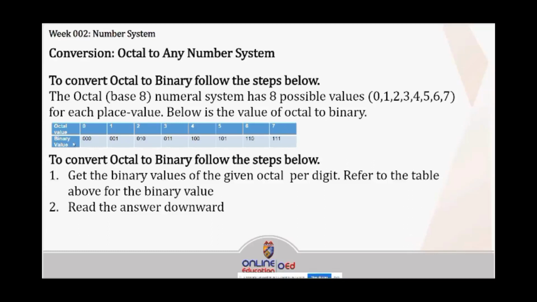Now, if you're going to check the binary value, syempre 4, 2, 1 yan. 0 is 0, kaya we put 0. Dito, ginamit natin yung 4, 2, 1. Next, to get the 1, use again the 4, 2, 1. So, we put 1 here kasi andito si 1, kapantay niya.